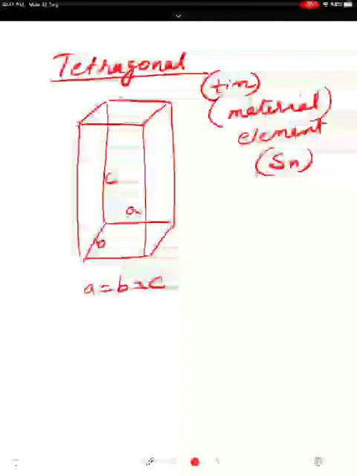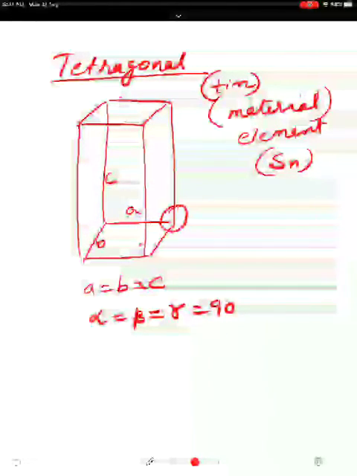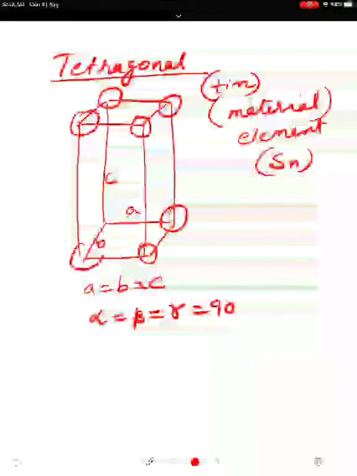Why are we calling it tetragonal? Because A is equal to B, which is not equal to C. Alpha is equal to beta is equal to gamma, which is equal to 90. Now this has got different variations. The primitive one, where we see atoms only at the corners.